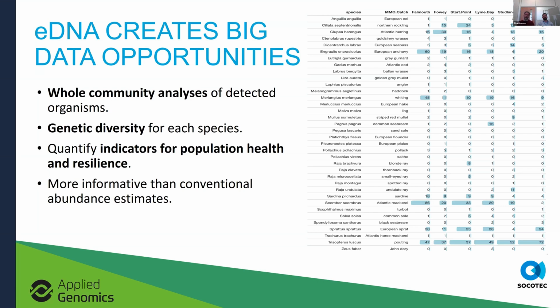And what that gives us then is an indicator of the population health and resilience, which is arguably more informative than the conventional abundance estimates, simply counting which organisms are there.